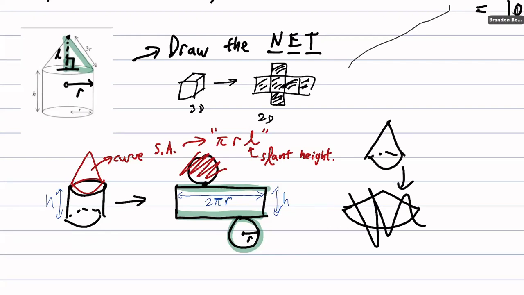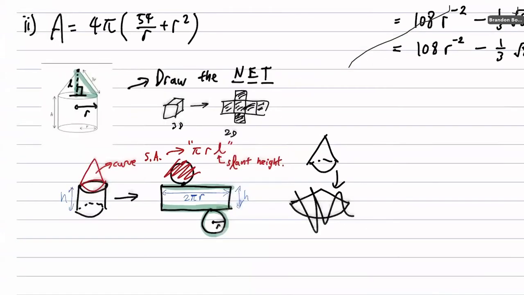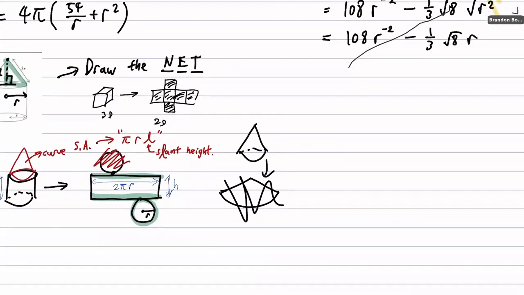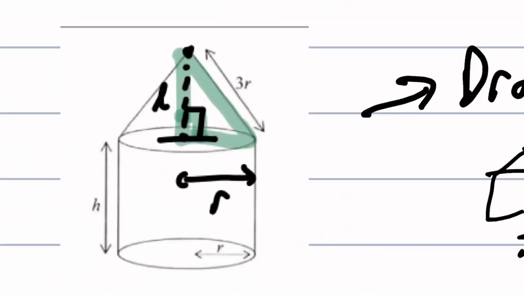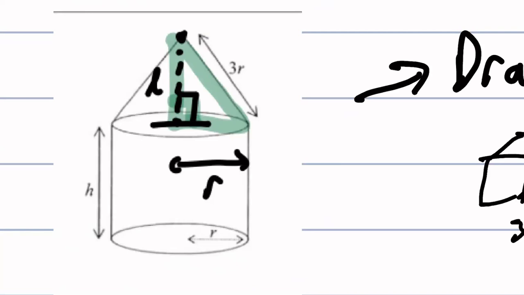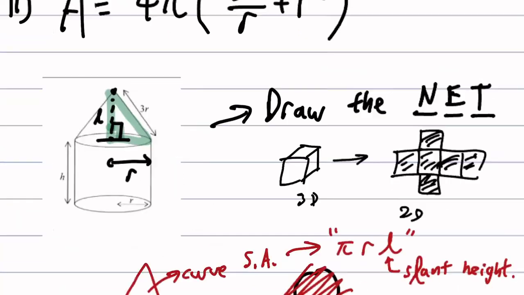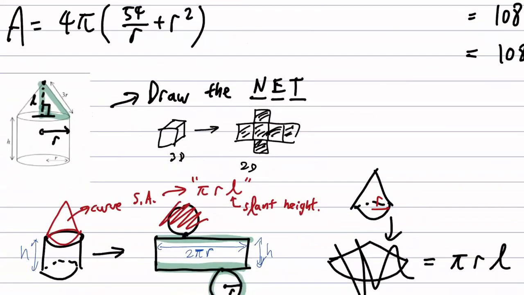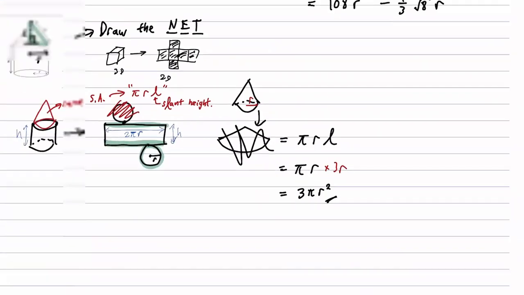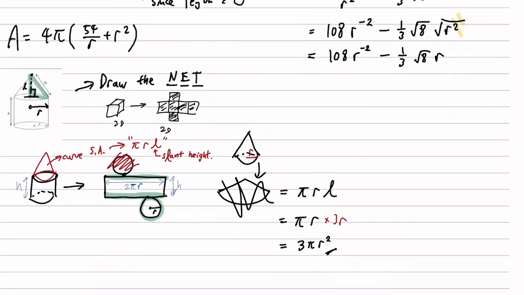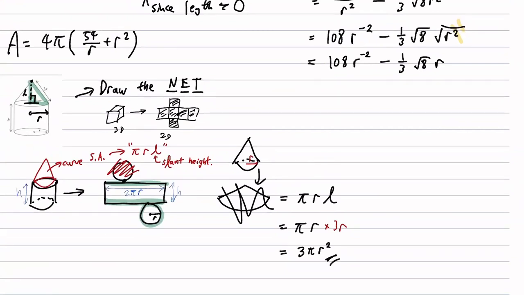The area of this sector is pi R L. R is just the radius of this base, so we can just use that R. But what's the L? L is slant height. What's the slant height? Is it H? Is it R? Oh, it's 3R. So you times 3R, and as a result, you get 3 pi R squared. Good. So that is the curved surface area. But this one, what is the area? Area of a rectangle.